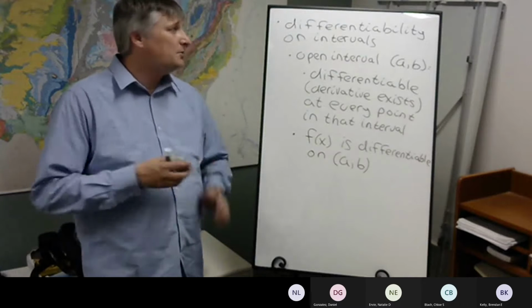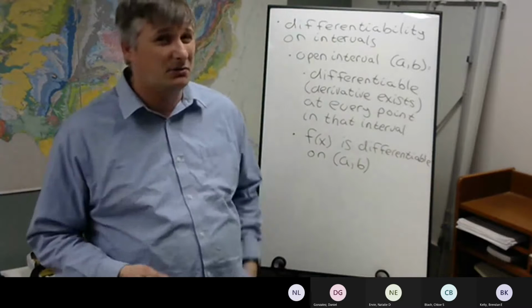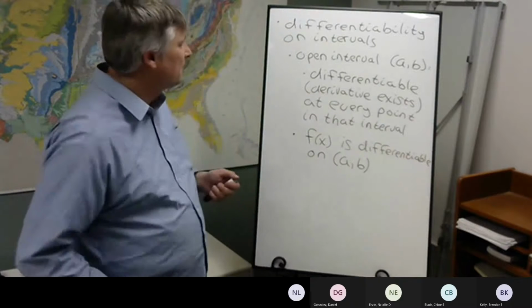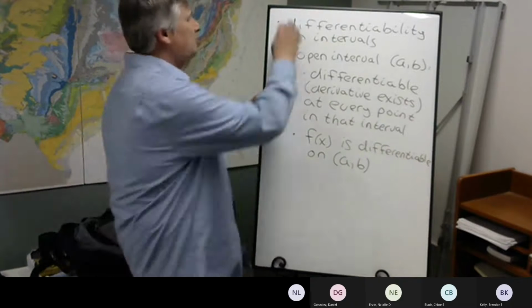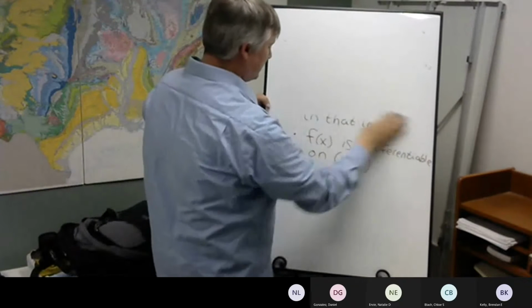Now, for the closed interval, it's a little more complicated. It's kind of like with continuity. And we're going to see there's a relationship between continuity and derivatives. But when we're talking about a closed interval, we have a little bit more criteria.